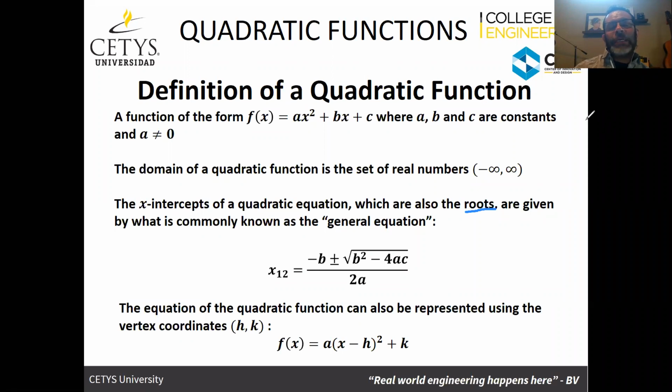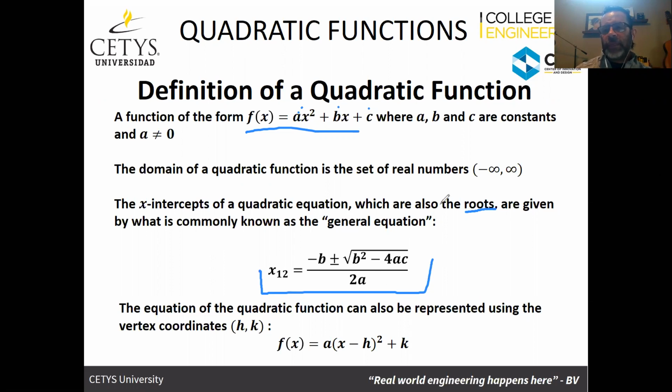Particularly for a quadratic function, there's something called the general formula. The general formula is an expression that, given a, b, and c, allows us to find the roots. This is a typical formula that you should already know: minus b plus or minus the square root of b squared minus 4ac, divided by 2a.